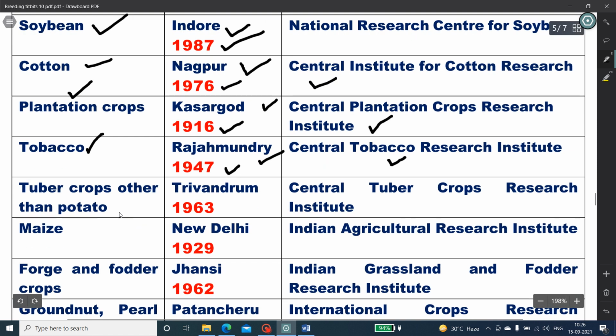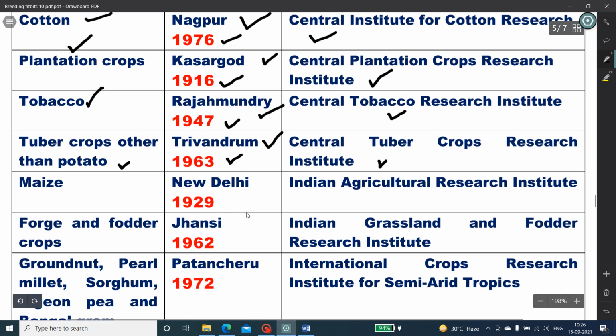Tuber crops other than potato are being conserved in the Central Tuber Crops Research Institute located at Trivandrum, established in 1963. The Indian Agricultural Research Institute located at New Delhi, established in 1929, has the germplasm of maize.